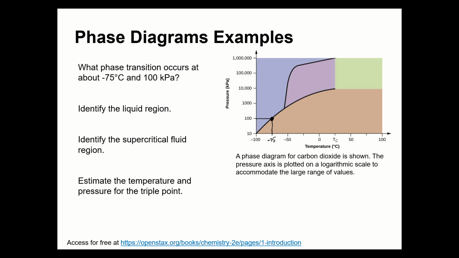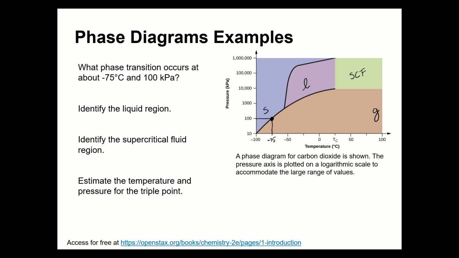Remember, at very low temperatures, we should have a solid. So this blue region here should represent our solid. And then at very high temperatures, we should have a gas phase. So if we look way out here at the high temperatures, this is going to be our gas phase. And so that leaves the purple region as our liquid, and then the green as our supercritical fluid region.